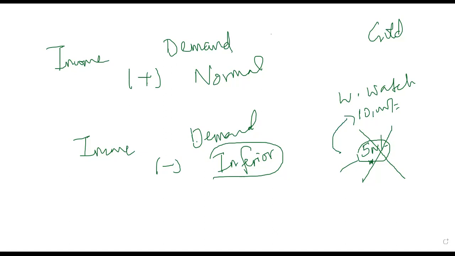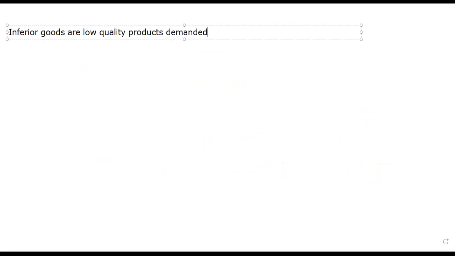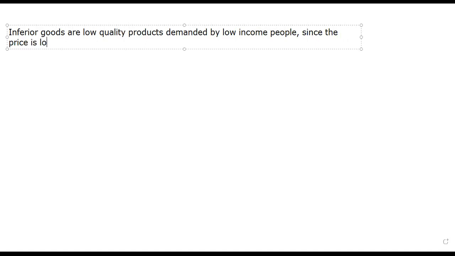So shall we write a small note for inferior goods somewhere in your book? Write down this. Inferior goods are low quality products demanded by low income people since the price is low.